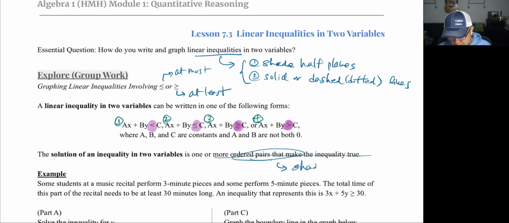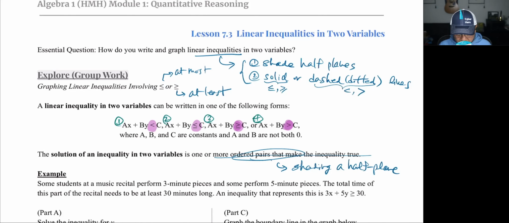Whenever you want to draw a solid line, it's less than or equal to or greater than or equal to. If you want a dashed or dotted line, it is less than or greater than. Okie dokie. And we'll talk about which side we graph in a second.